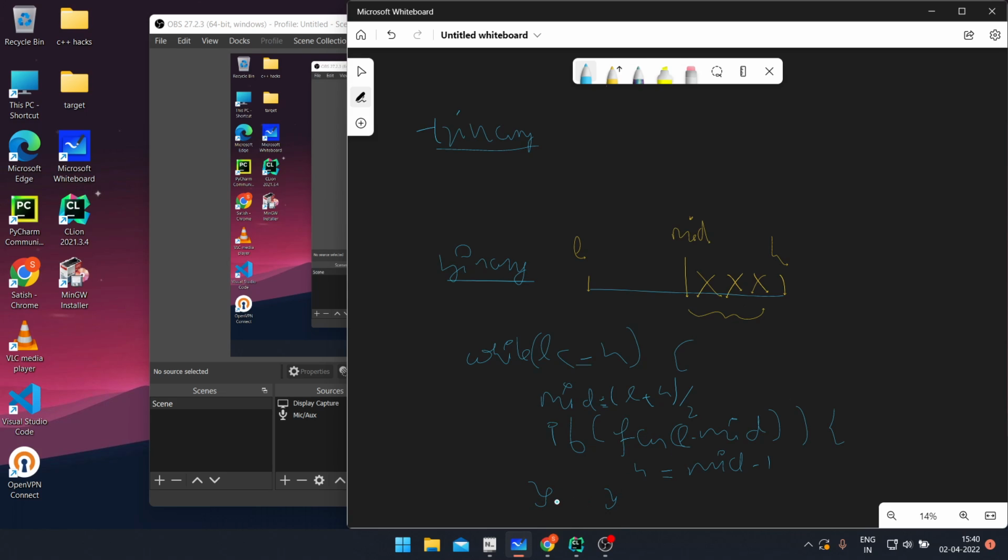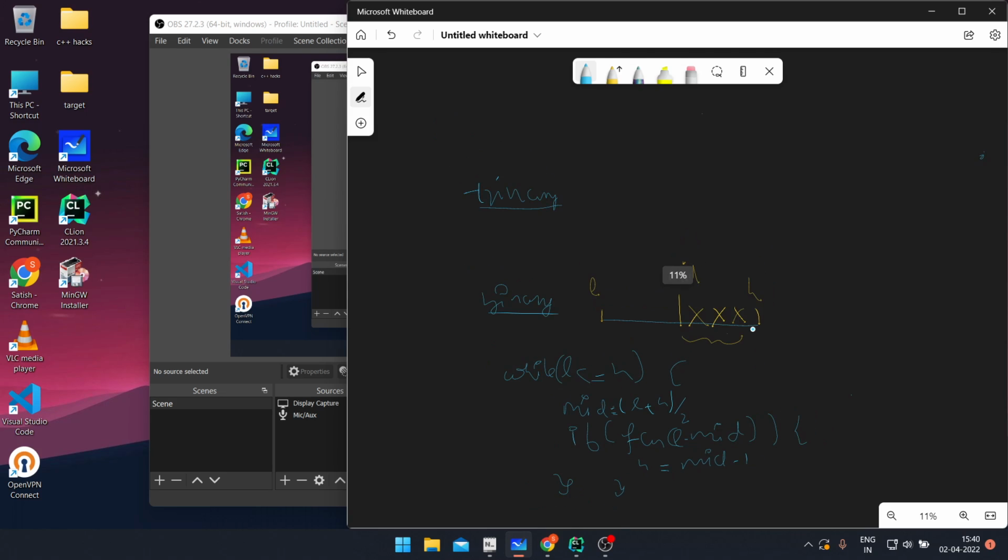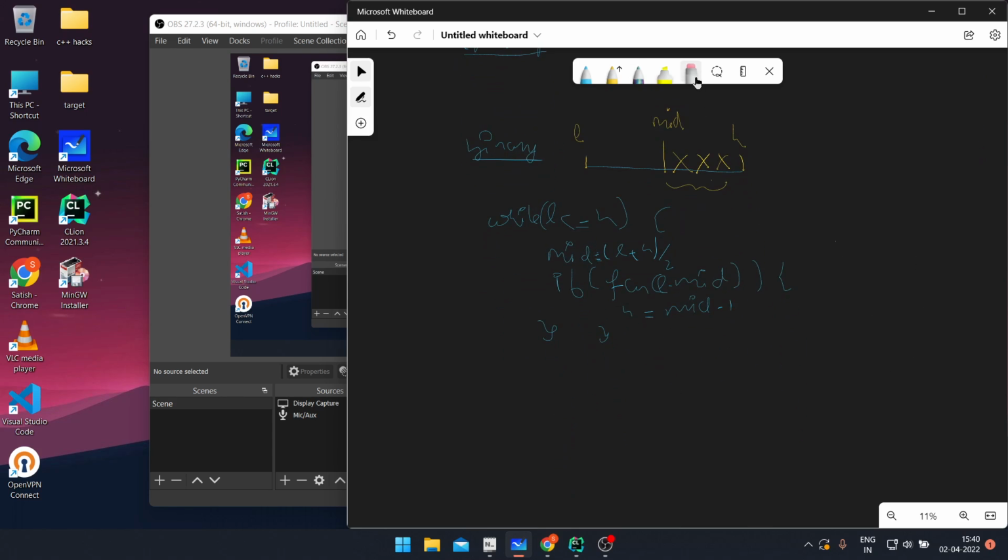Else we move left to mid plus 1. This is the basic approach of binary search, which you all know.